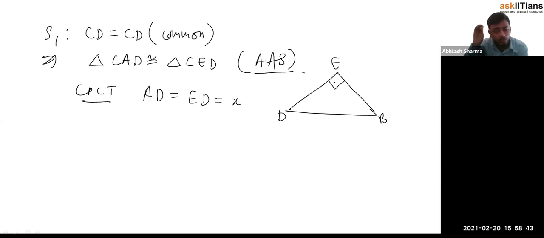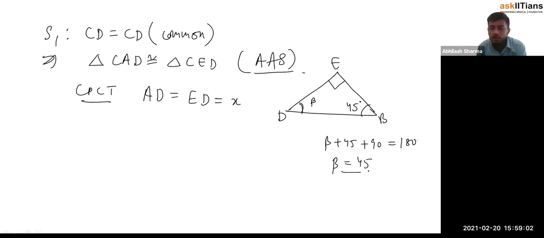Now it is so obvious to see that 45 degrees here, so I have drawn this also as 45 degree. Then how much will this remaining angle be? Use angle sum property. Let's say if this is beta, then beta plus 45 plus 90 must be equal to 180. Solving this, you get beta equal to 45. So this is equal to 45.